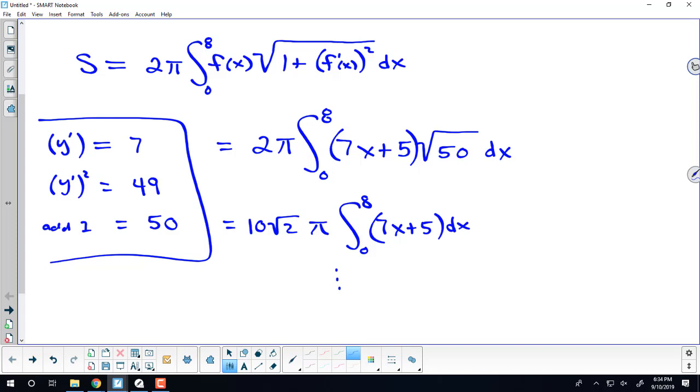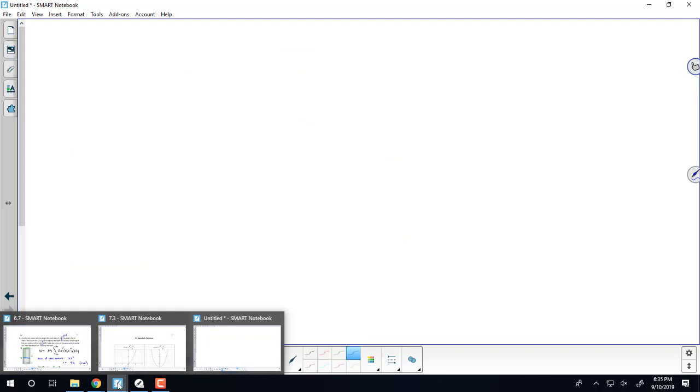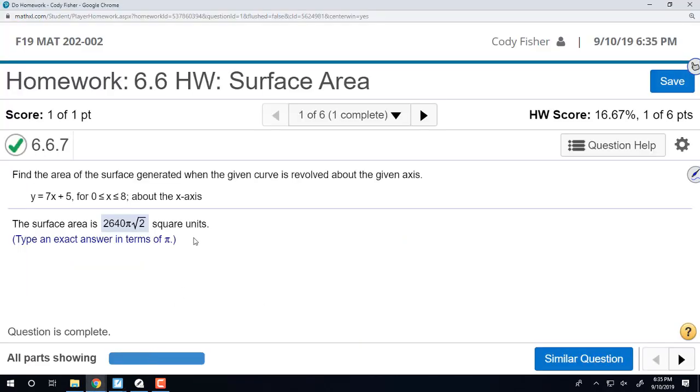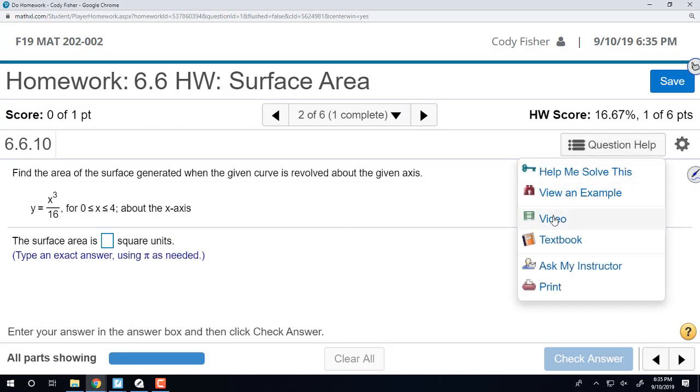Yeah. On number 2 of this section, I can get the surface area equation, but it's the U substitution. If you look at the video example, they do some weird thing where they randomly pull a 7 pi over 6 out, and I don't know what's going on. I don't know why they do it. I could replicate it, but I just don't get why. I guess we could watch the video.